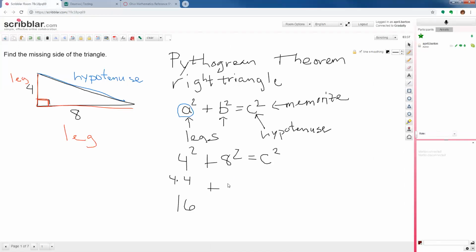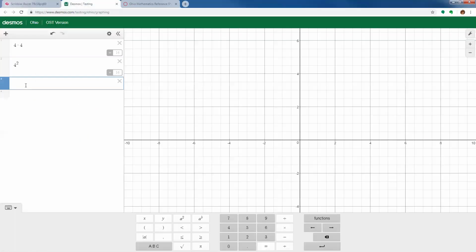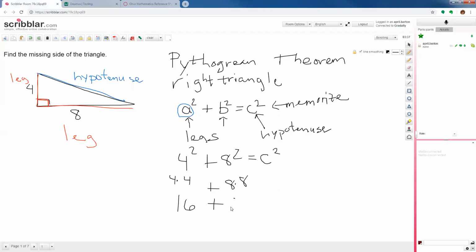Same thing for the 8 squared. 8 times 8, which is 64. Good. And we did the exponents before the addition because of order of operations. Anytime you have a whole bunch of stuff to simplify down, you have to follow that Please Excuse My Dear Aunt Sally, or PEMDAS order.